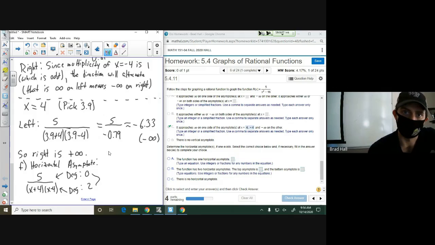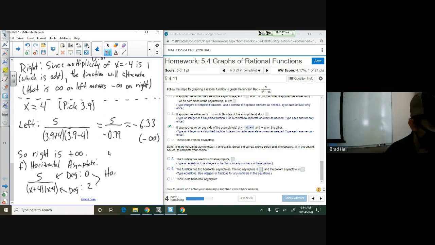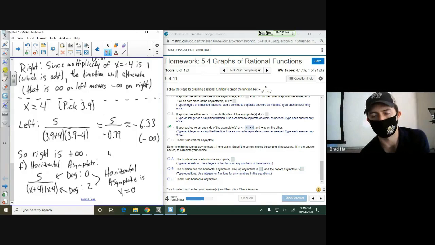But using this, when the degree of the denominator is larger, it means that the horizontal asymptote is y equals 0 always. That is always what happens when the degree of the denominator is larger.